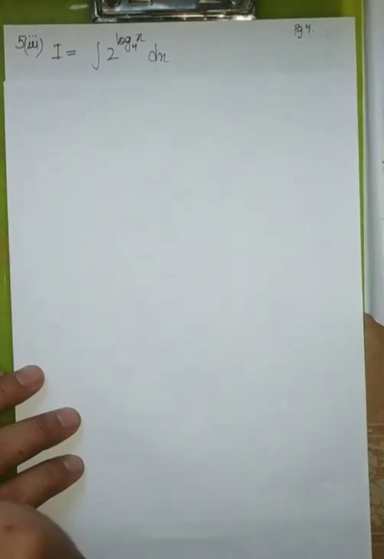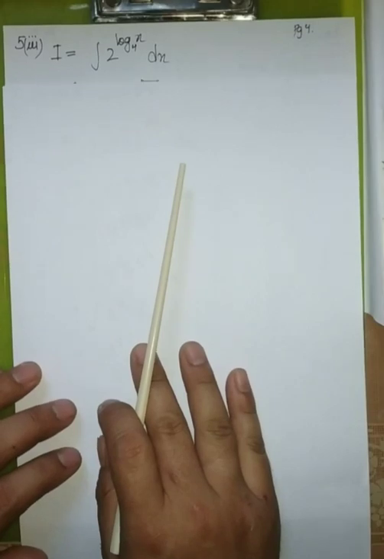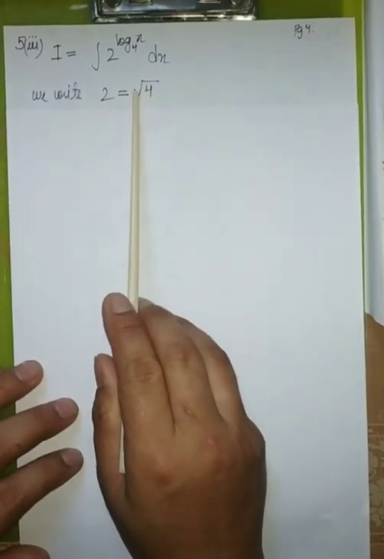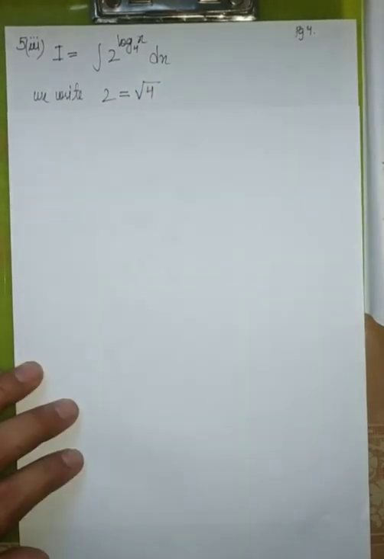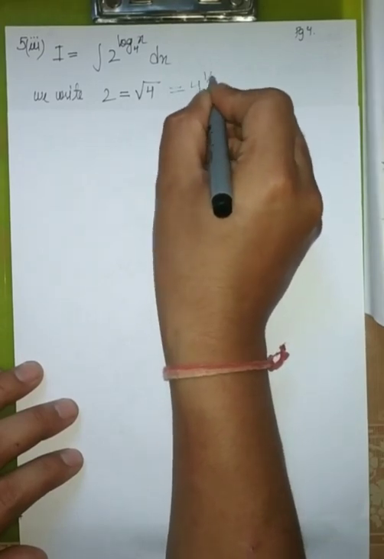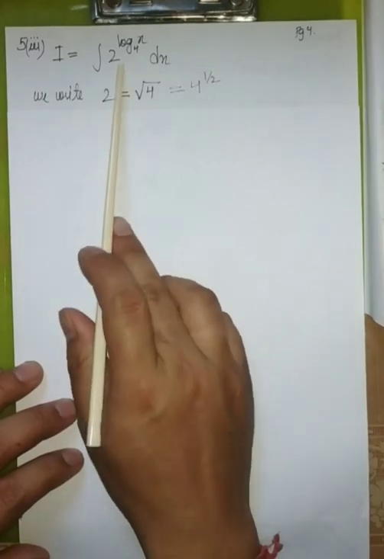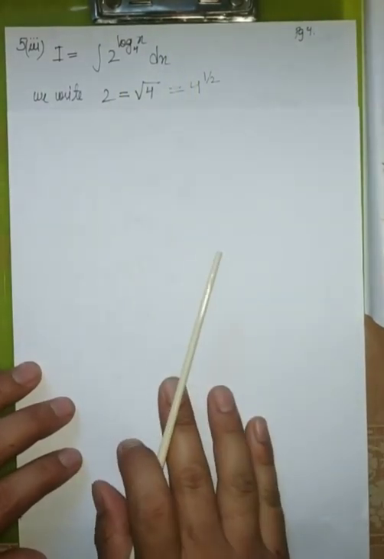So I know 2 means what? Can I write 2 as root over 4? Because root 4 is 2, isn't it? And root 4 also means 4 to the power half. So all in all, can I write in place of 2 as 4 to the power half? If I can do that, then let's see what we get.